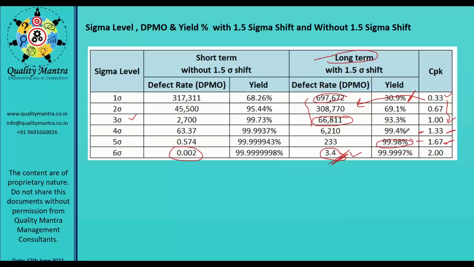Somebody will say, sir, 99% is good. Okay, operate at 1.33 if you are accepting 1% rejection. So 99.4% will be good if you operate at 1.33. Whereas if you operate at 1.67, you will get hardly 233 defects per million opportunities. Got it?